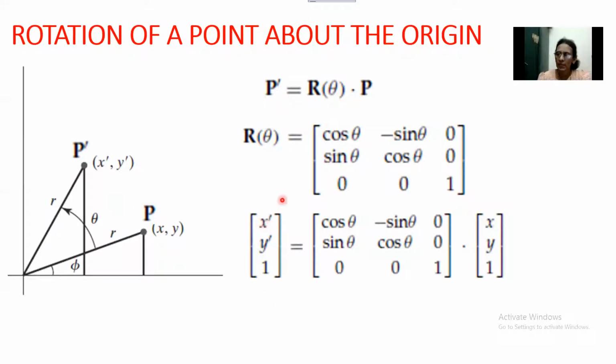That is, x dash equals x into cos theta minus y into sin theta, and y dash equals x into sin theta plus y into cos theta.